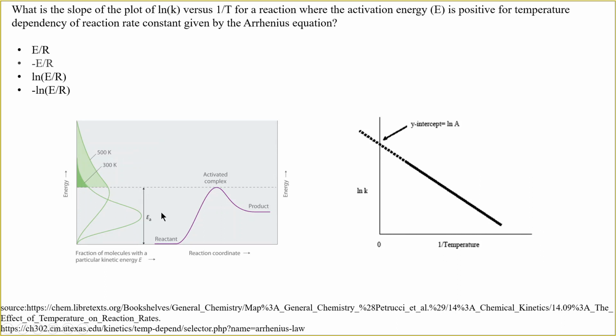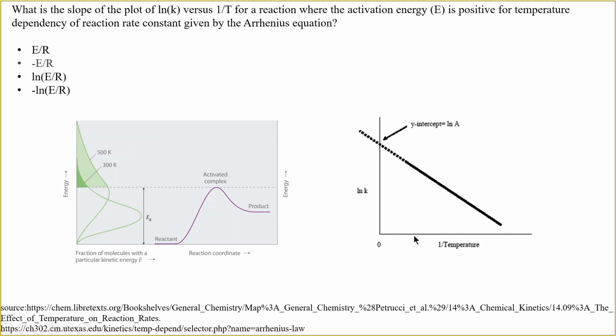So the question asks us that the rate of the reaction in this case, how will it differ? So we have two different temperatures here. So if I take the graph for 1 by T, that will be 1 by 300 and 1 by 500. Let's come on to the right hand side. So we can see that 1 by 500 will be much smaller than 1 by 300.